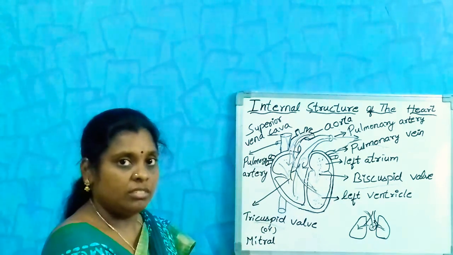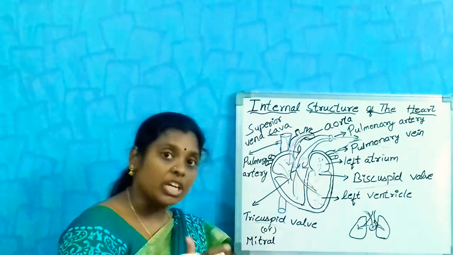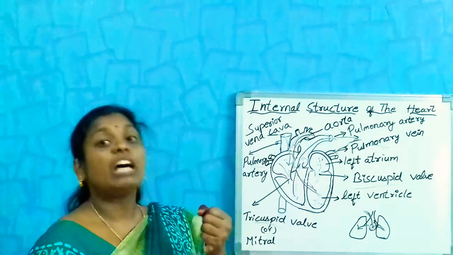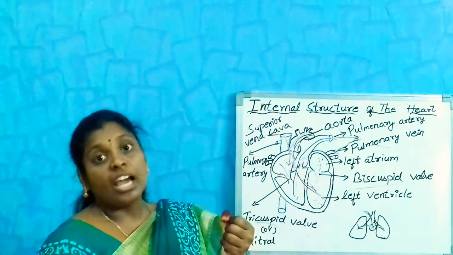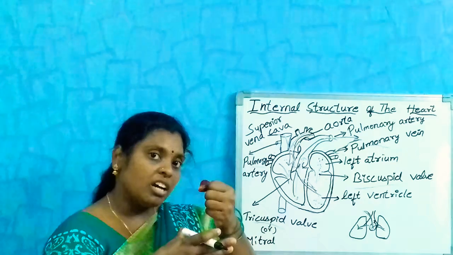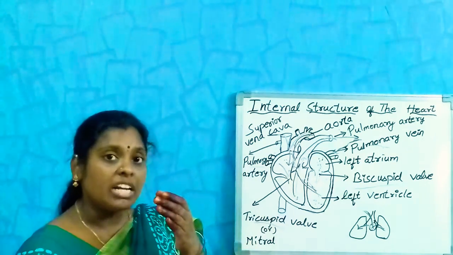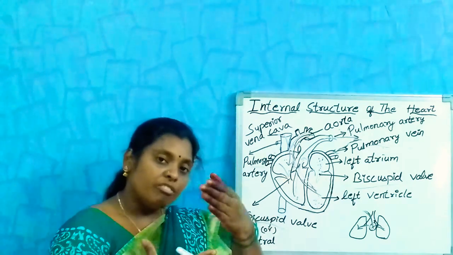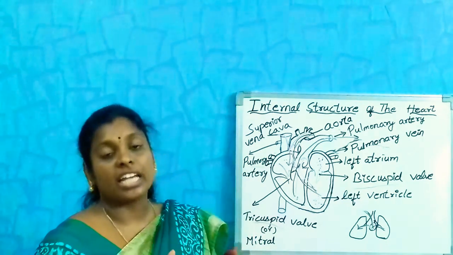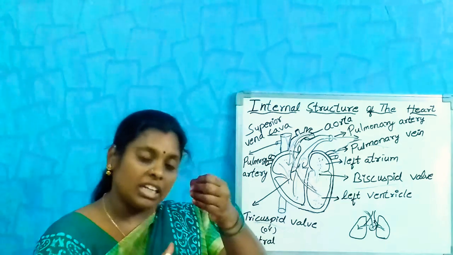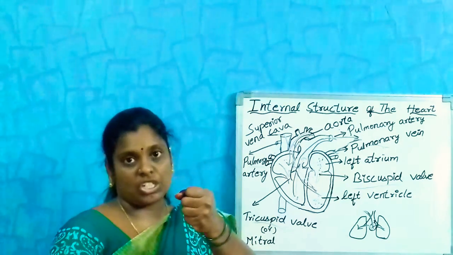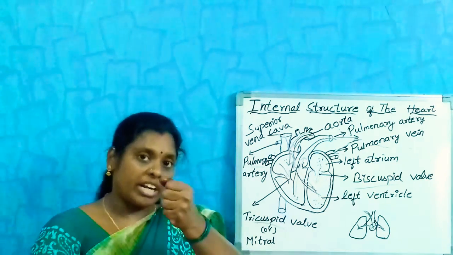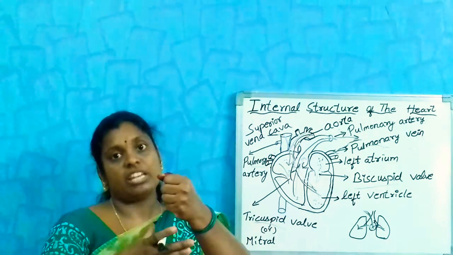How do contraction and relaxation take place? If the auricles contract, the ventricles are in a relaxed state, and when the ventricles contract, the auricles relax. One contracts and the other relaxes. When the auricles are contracted, the blood is pushed into the ventricles, which are relaxed.